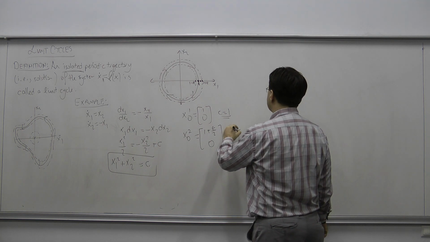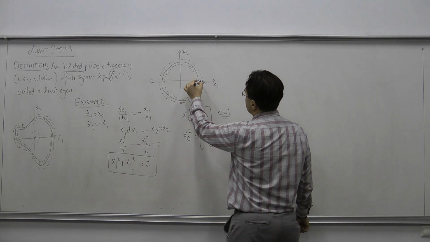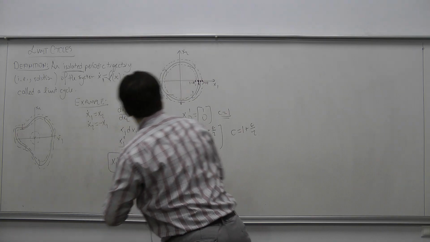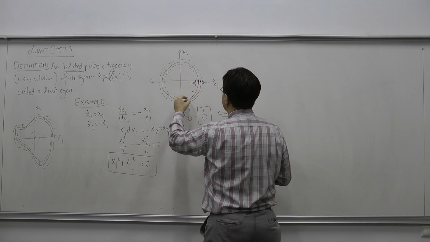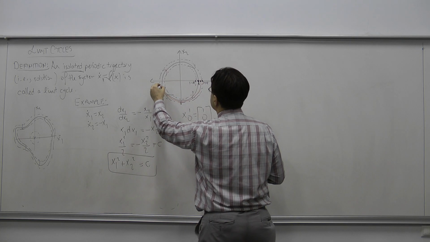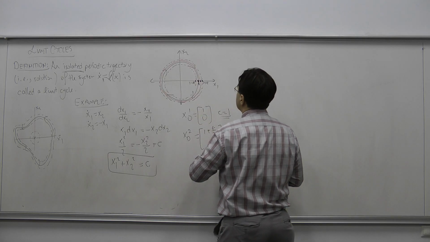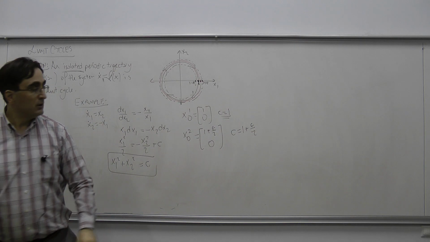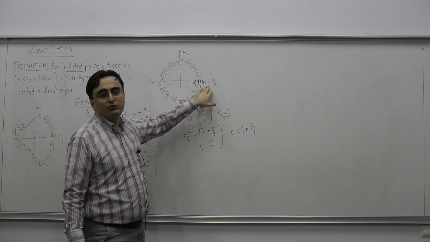So then c is going to be equal to 1 plus epsilon over 2. Then that is going to be giving me just another circle, which would be in the same neighborhood as the original circle. And this is true however small epsilon I choose here.